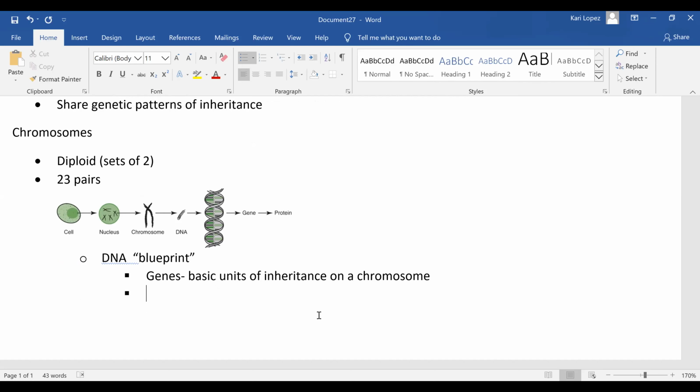And now the locations. I'll put gene location so we know we're still talking about gene locations.